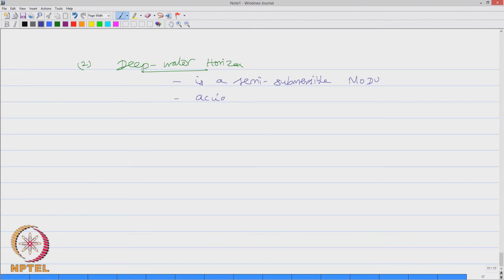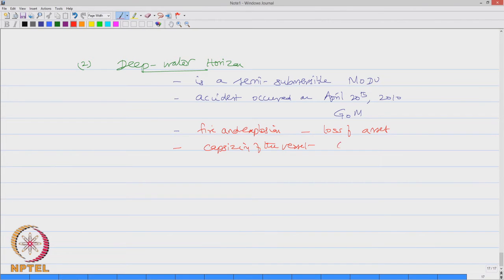The accident occurred on April 20th, 2010 in the Gulf of Mexico. It resulted in fire and explosion, which led to loss of asset. It also resulted in capsizing of the vessel, which is a complete destruction.